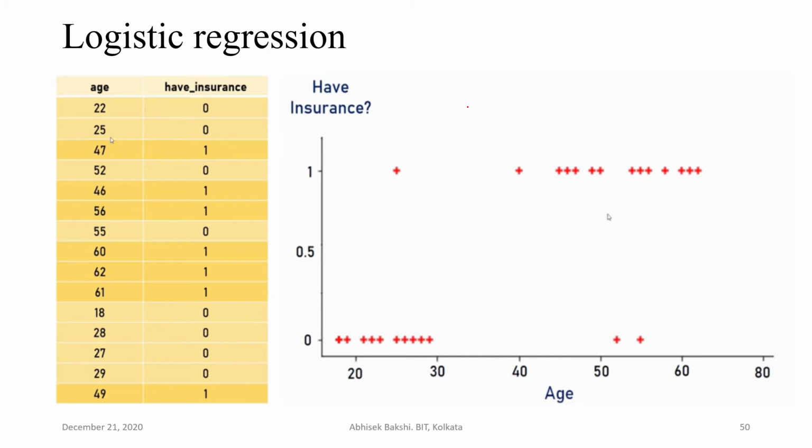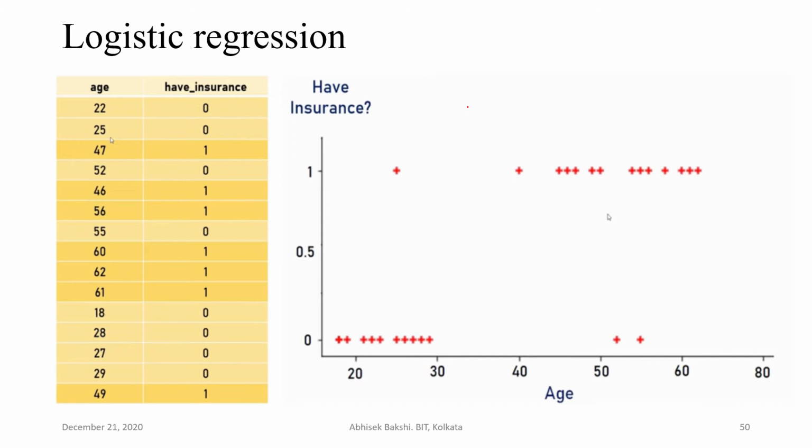You see what we have in this example: a table having various ages, and it's given whether a person has taken an insurance or not.